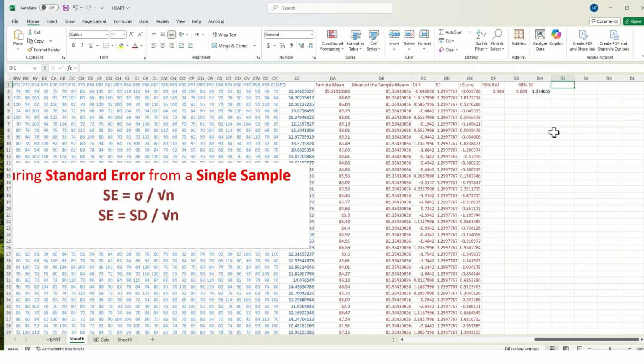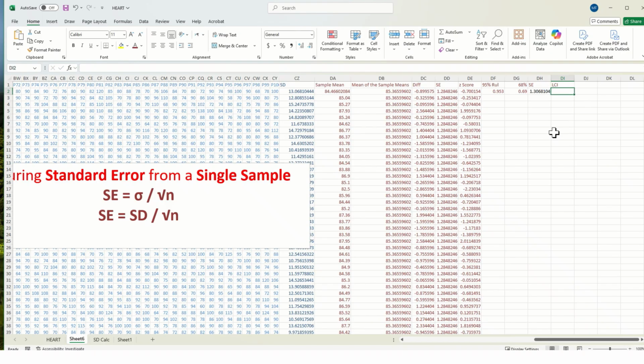Next, let's calculate the lower bound for the confidence interval by the formula which we just saw. The lower confidence interval would be the mean of that sample minus parentheses 2 times standard error, right?